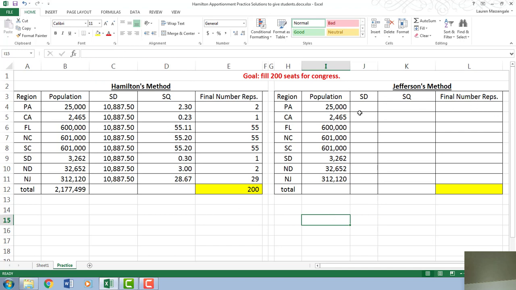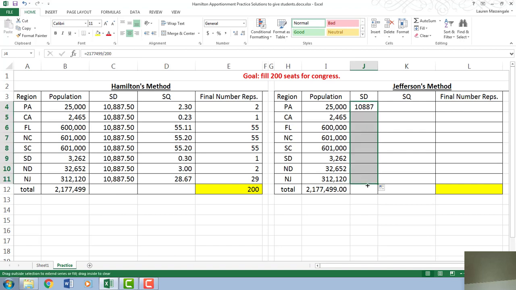We're going to do the same thing for all these columns, except for at the very end, when this is 199 or whatever, we're going to have a different method for figuring out who to give that one seat to. So remember, we totaled our states' population. For standard divisor, I had to actually type in equals that 2 million population, divided by the number of seats to be apportioned, 200.